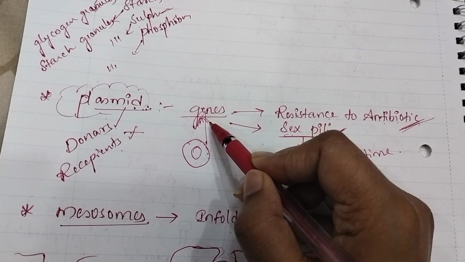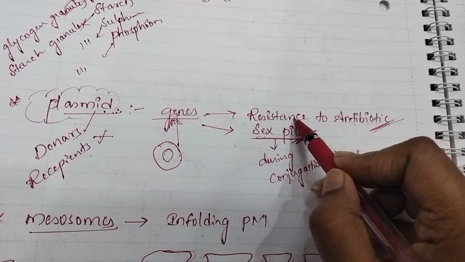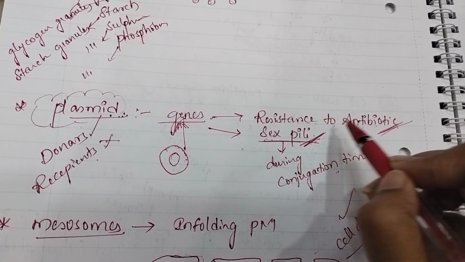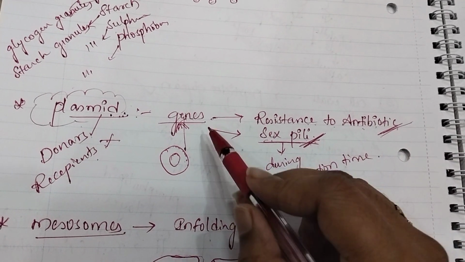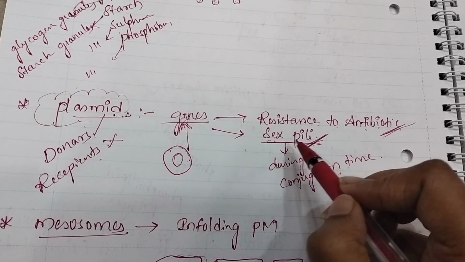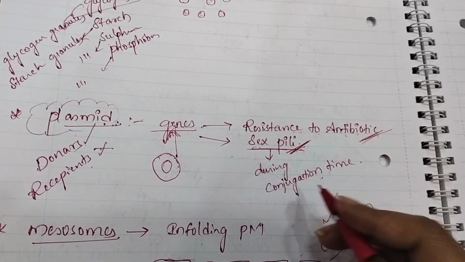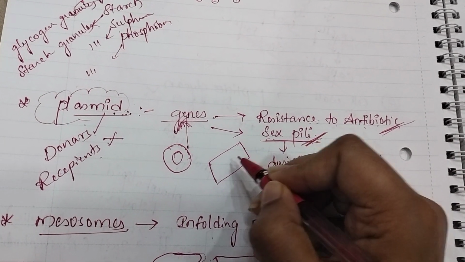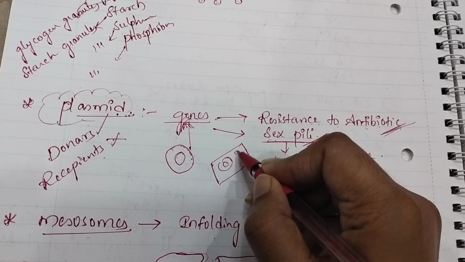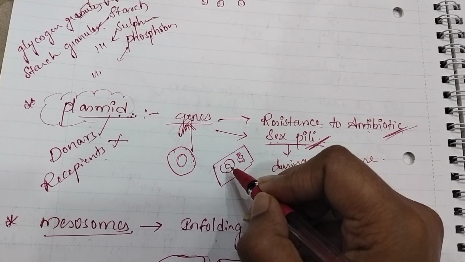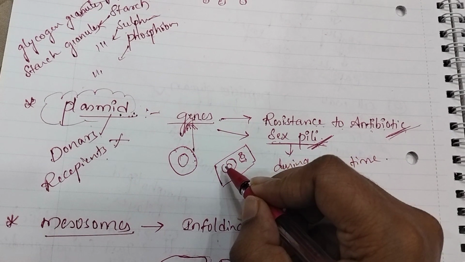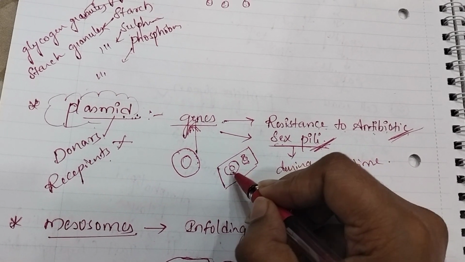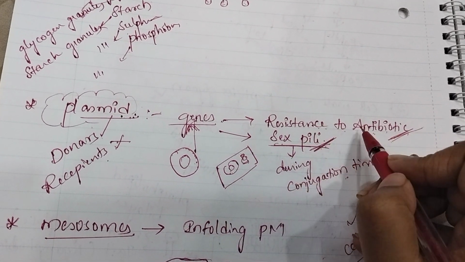So these genes are responsible for showing resistance to antibiotics, and also these genes are helpful in formation of sex pili. For example, if you see a bacteria which is having a plasmid along with the nucleus, it shows resistance to antibiotics.